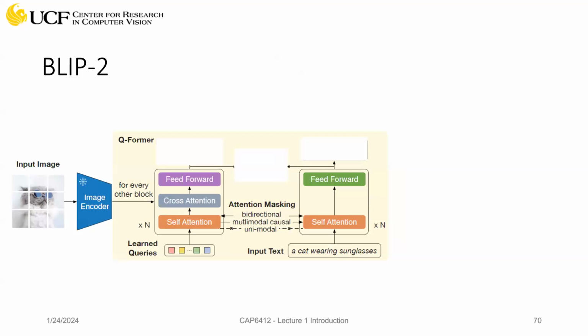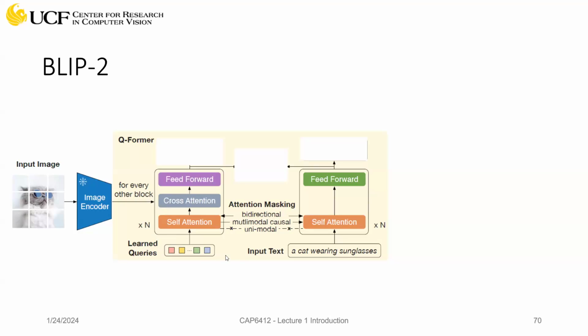Okay, so this is the Q-former. We take the input image, again we do the patches and tokens, and this is your Q-former. What we are going to do is take a number of queries and randomly initialize them. Then we will have self-attention and cross-attention.